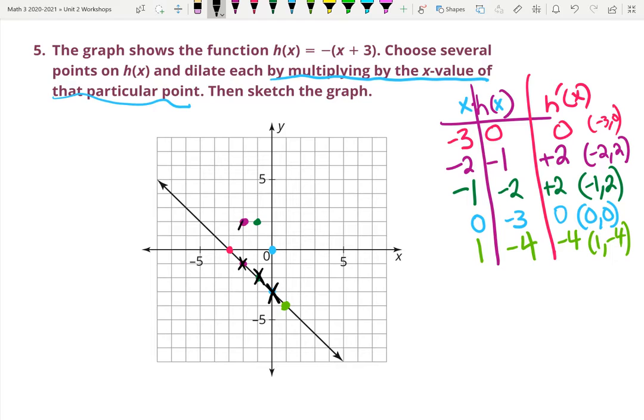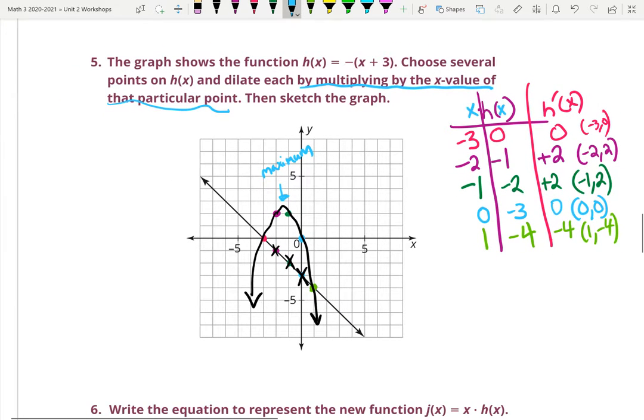So the idea, and this is not going to be exact, but it's going to look like so. The idea is do the values you can and then predict based on the behavior. I know that there's going to be a vertex that is going to be a maximum, in between those 2 points.